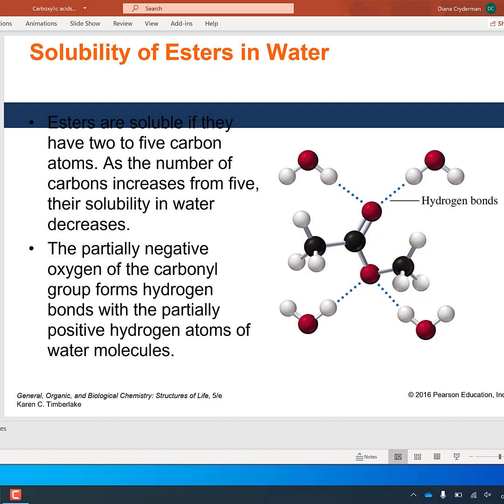Now, in water, of course, here is our ester molecule. Here we have this dipole, slightly polar double bond between carbon and oxygen. It can use the hydrogens of the water molecules to form hydrogen bonds.